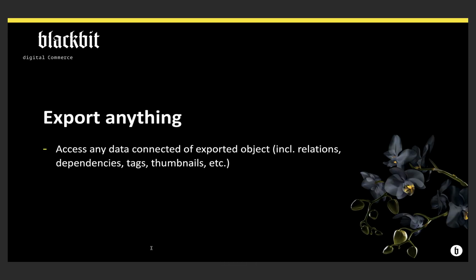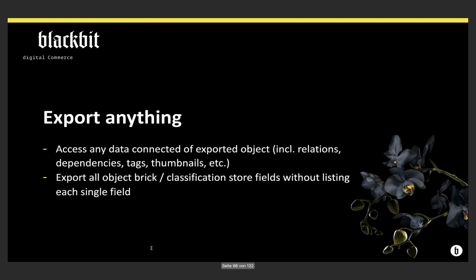With the data director, it's possible to export anything. You can access any data which is connected to the exported object without implementing any PHP files or similar. Everything is done directly in the Pimcore backend. One special thing about the data director is that you can export all object brick or classification store fields without listing each single field.